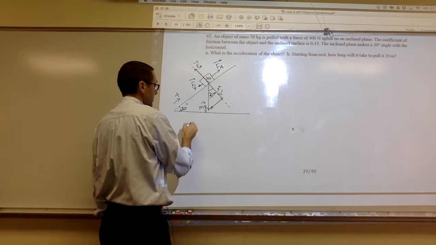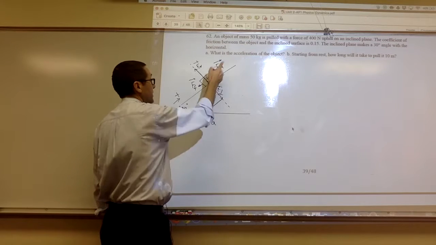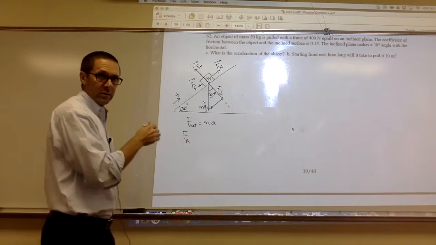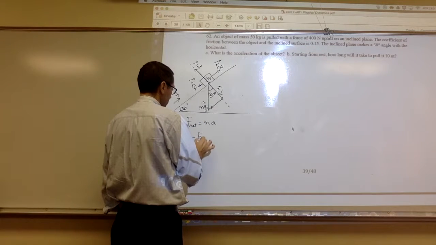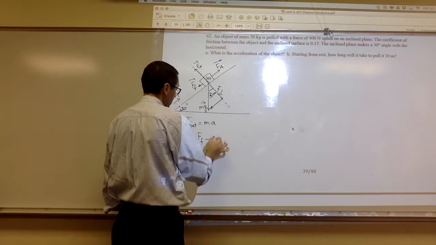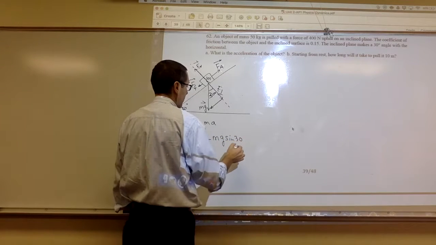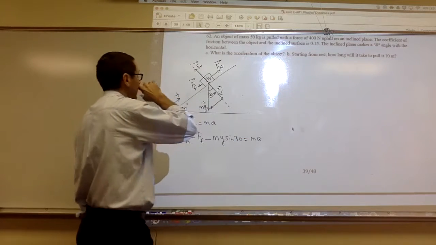So I'm going to do my F net equals ma. I see that the applied force is acting up, minus the force of friction holding you back, but also the mg sine 30 is holding you back, and that's equal to m times a.